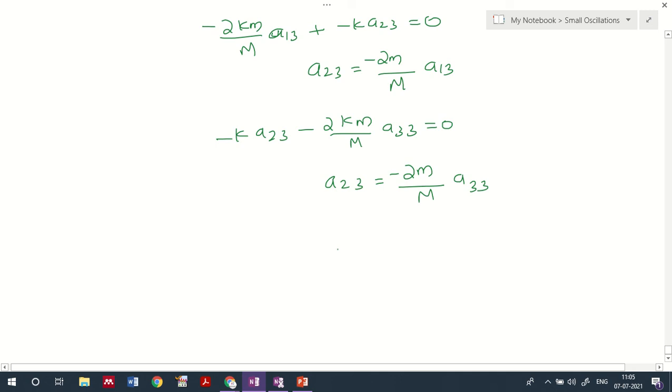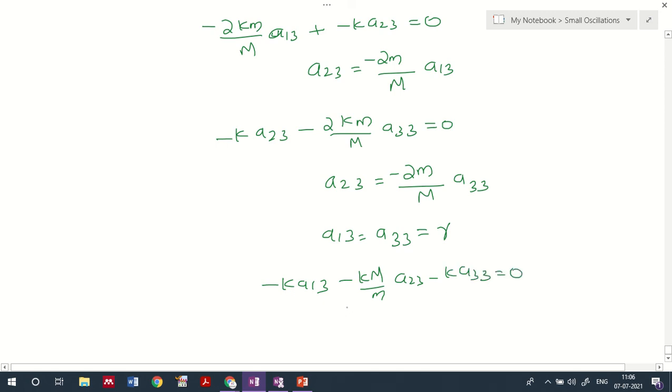Again, if you substitute a13 equal to a33, we can treat it as gamma. Then if you substitute that in the equation, you get minus k a13 minus k capital M by m a23 minus k a33 equal to 0.